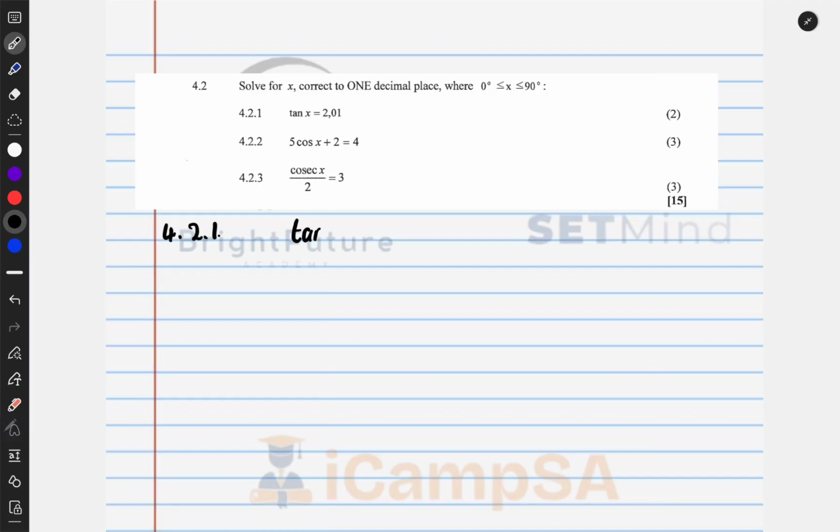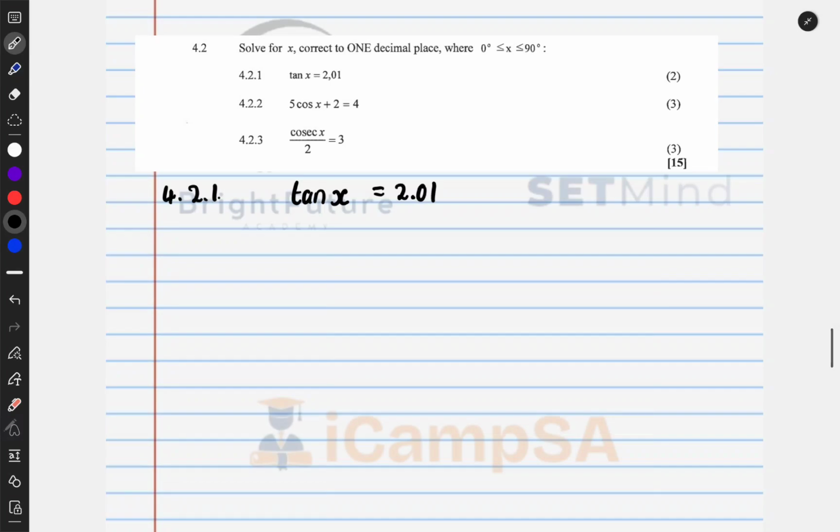Okay, tan x is equal to 2.01. Let's make x the subject. x is equal to tan inverse of 2.01. We punch that in the calculator. If you don't know how to do this, if you are using the Sharp calculator, you say second function tan, and then it gives you the tan inverse.